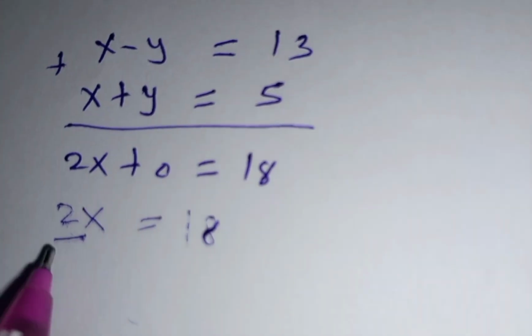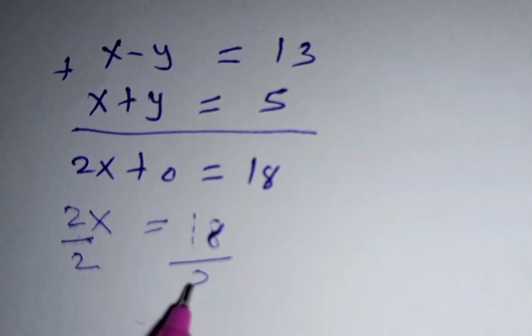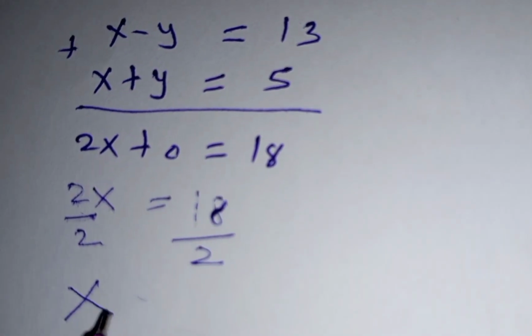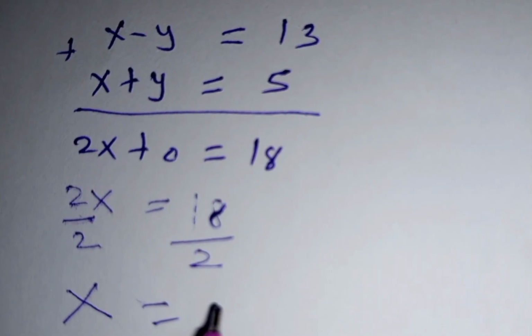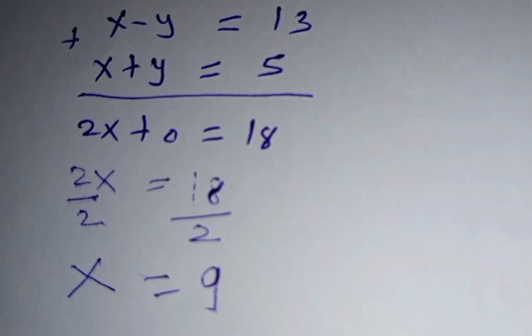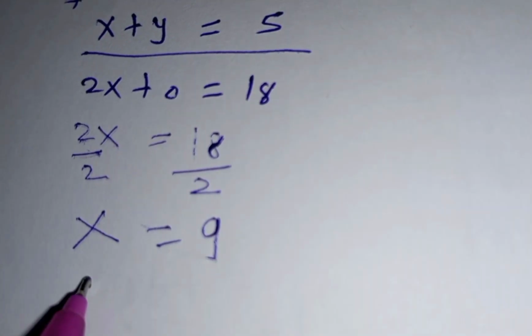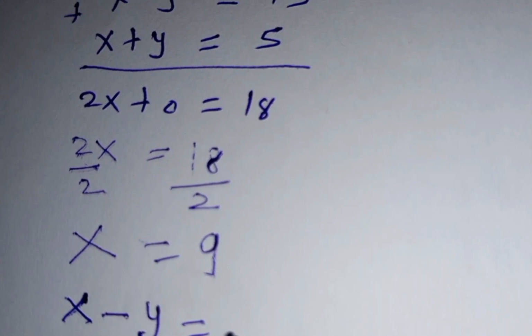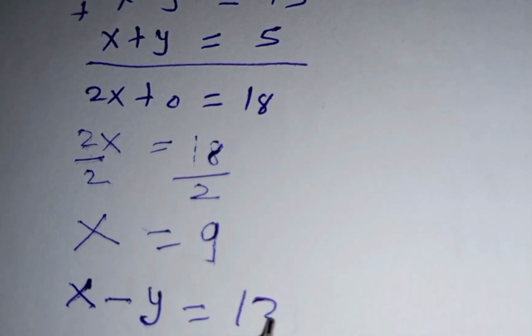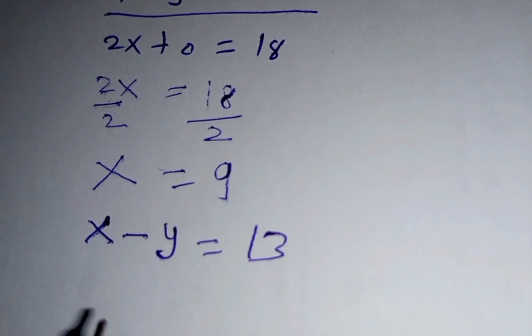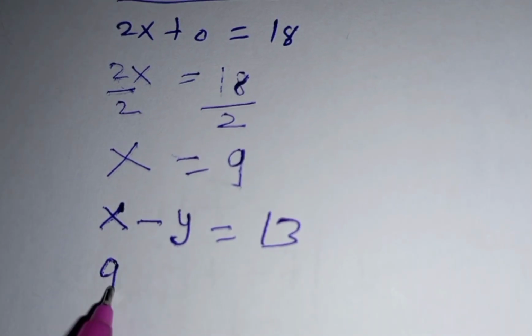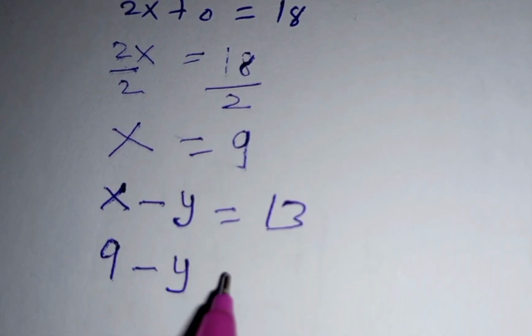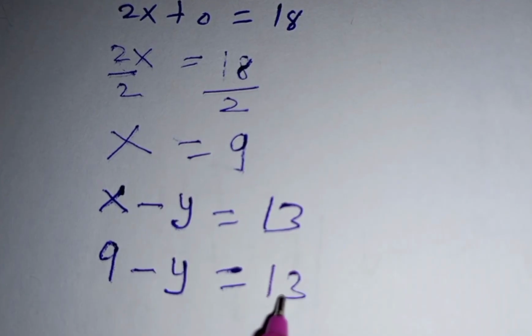And from here, we can divide by 2 on both sides, so that our value of x becomes 9. Then from x minus y being equal to 13, we can substitute the value of x: 9 minus y being equal to 13.